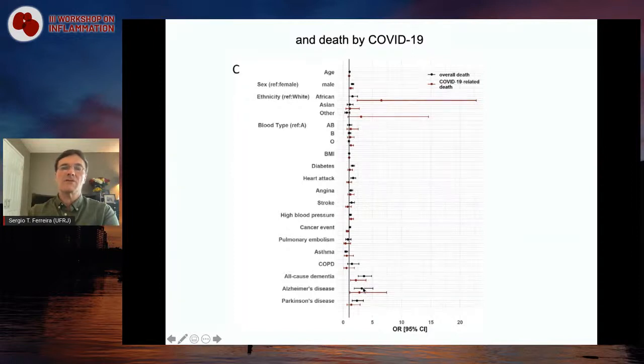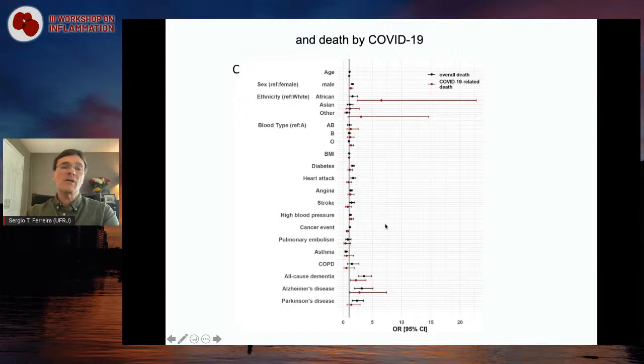So the conclusion of this study is that having dementia, and in particular having Alzheimer's disease, not only increases the risk of infection, which might be explained by more trivial factors like exposure to the virus, as I mentioned, but they also increase the susceptibility of the individuals to COVID-related aggravation of the health, and especially to death. So meaning that these are important risk factors that should be considered.